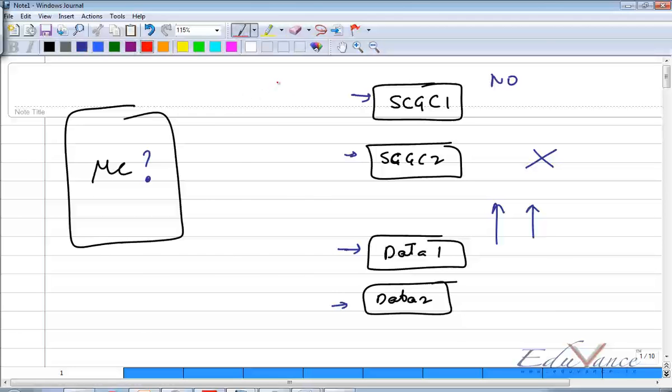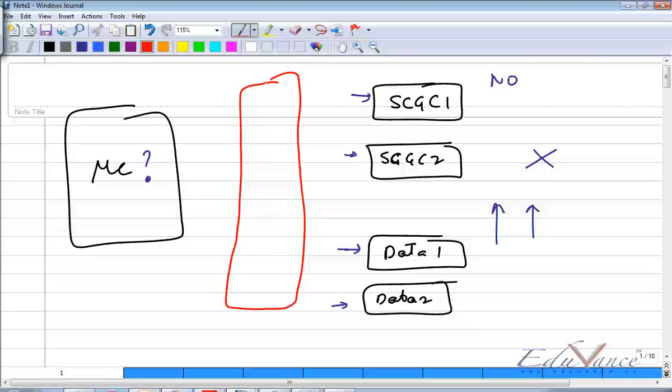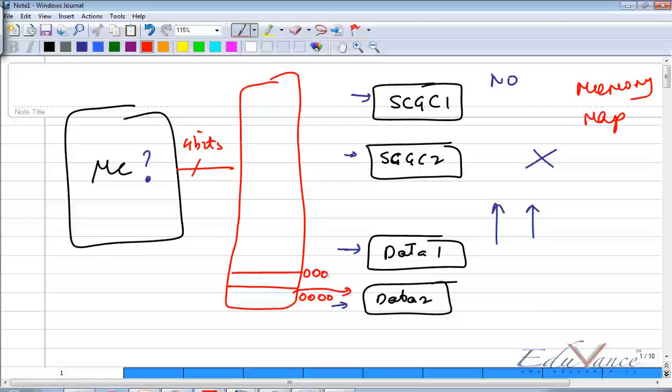previously I had explained that if I have an address of 4 bits as part of my memory map, I can allot, for example, location number 0000 for data, location number 0001 for data 1, similarly 0010 for SCGC2, 0011 for SCGC1.